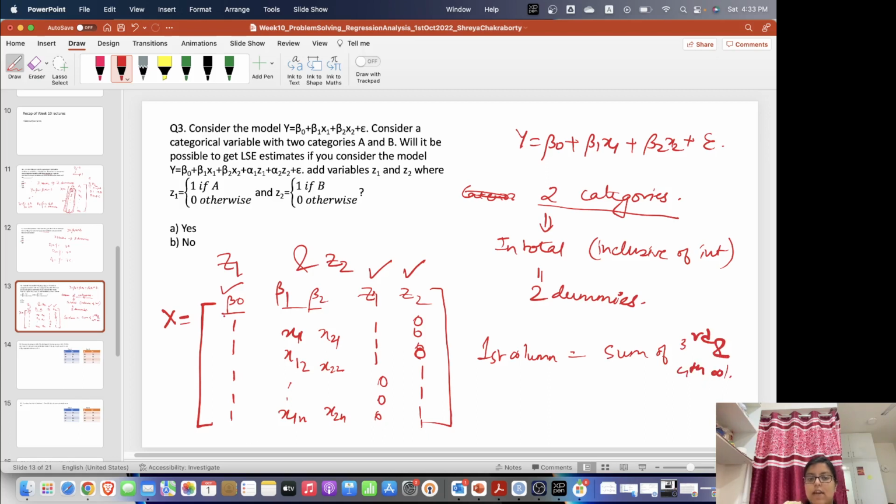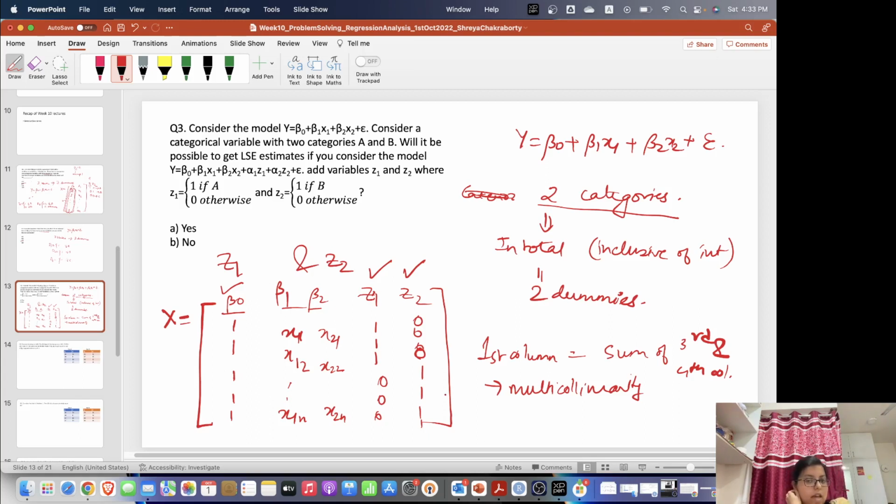So since there exists a linear dependency between these 3 columns, we are faced with the problem of perfect multicollinearity, so that the rank of this matrix no longer remains full rank.